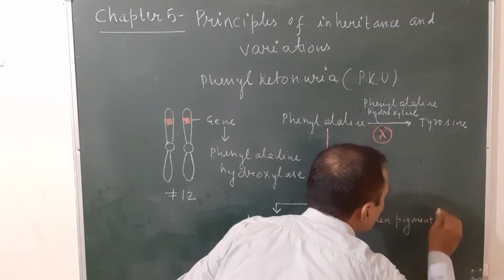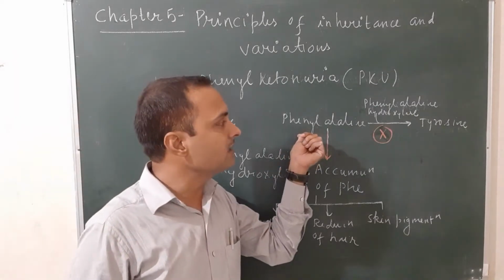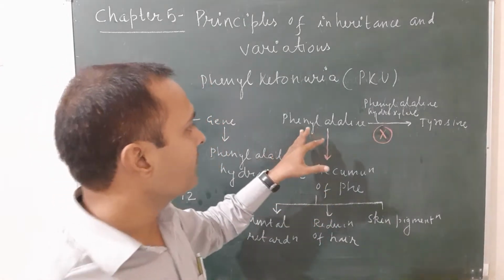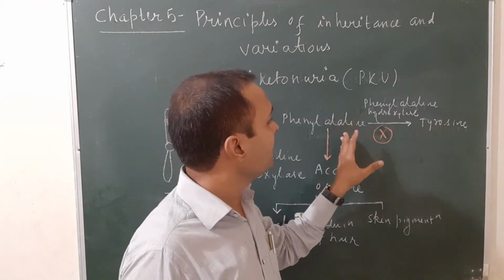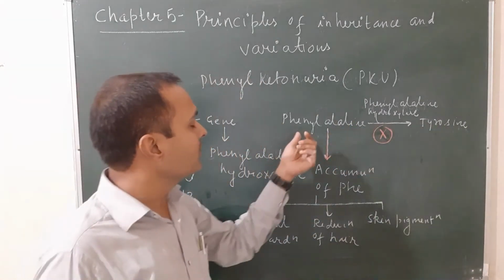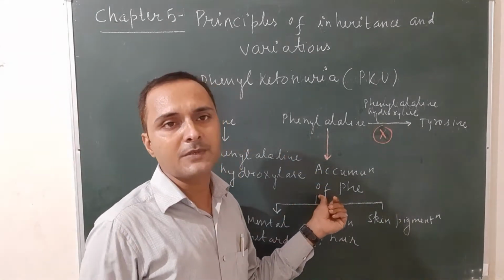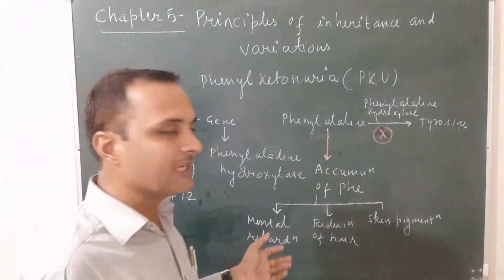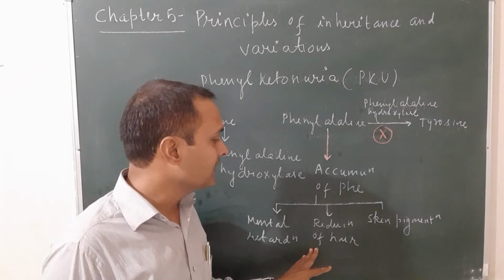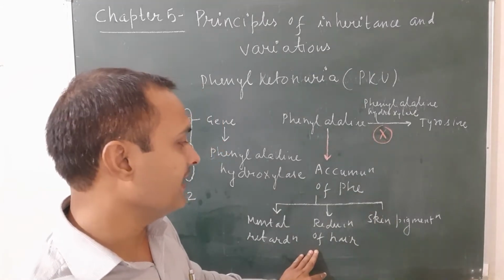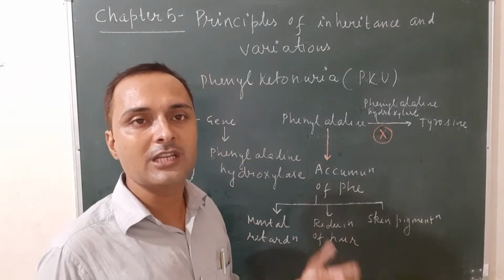So you can see when the single gene becomes mutated, the gene responsible for conversion of phenylalanine into tyrosine, there is accumulation of phenylalanine, and this phenylalanine causes the three phenotypic effects: mental retardation, reduction of hair, and skin pigmentation.